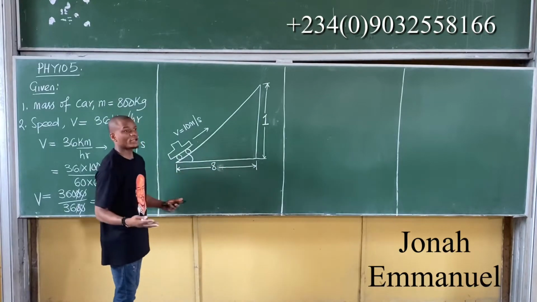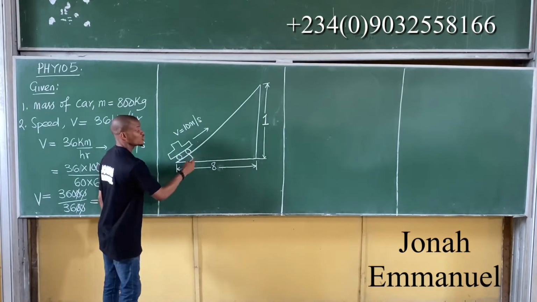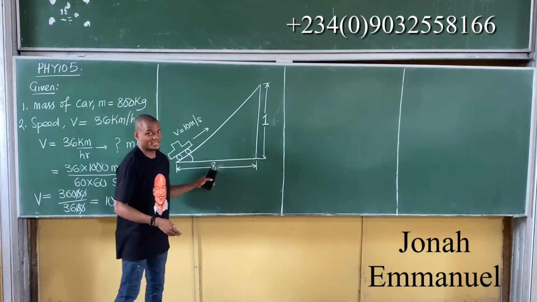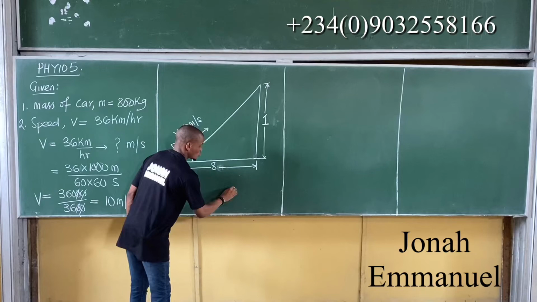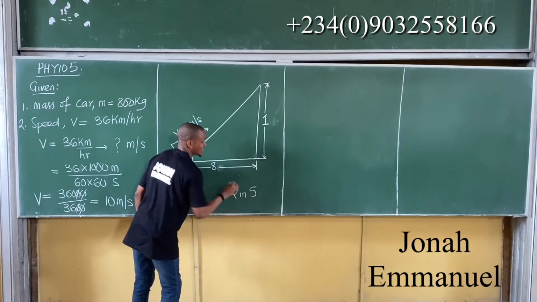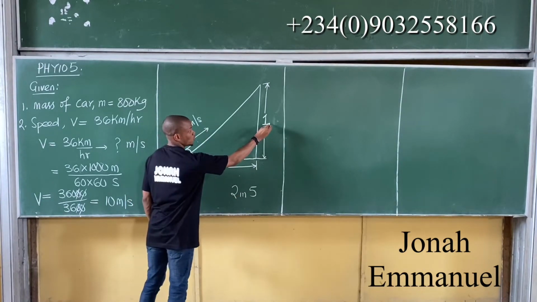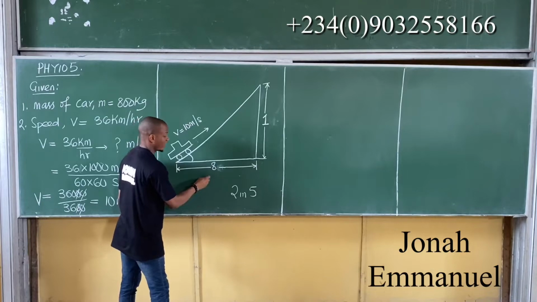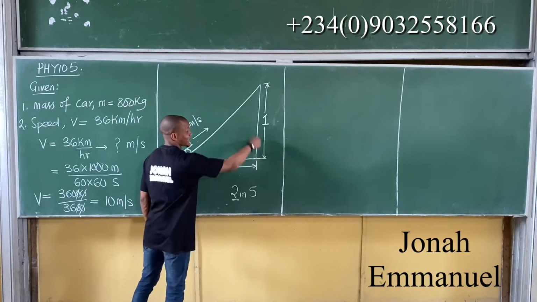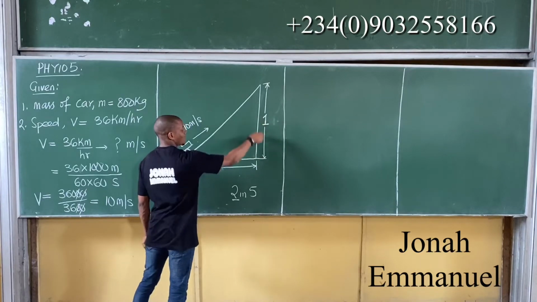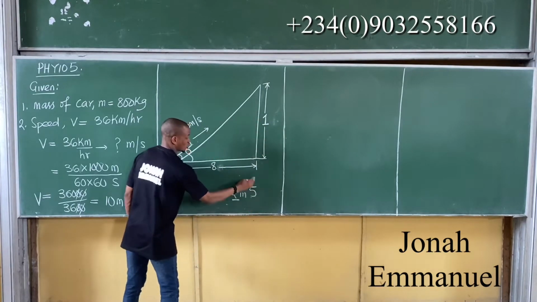So in cases where you're given the value of theta here, you will not be given 1 in 8 or something in something. Let's say if I was given 2 in 5, for instance, here will be 2 and here is 5. The first one should be placed on the vertical axis, that's vertical distance, while the second should be placed here.